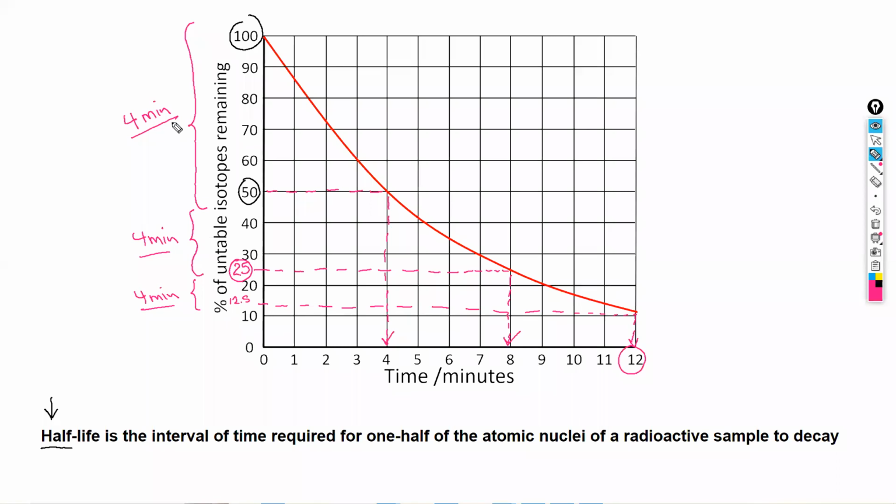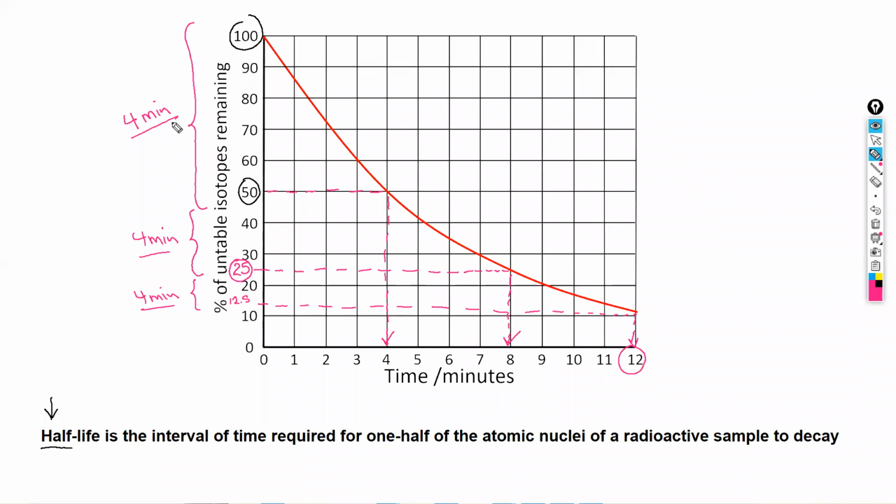So every 2 minutes, you can expect the amount of radioactivity to decrease by a half. For example, if you started off with 70% radioactivity and you come back 2 minutes later, you will have 35% radioactivity because half of 70 is 35. And it will keep halving every 2 minutes.